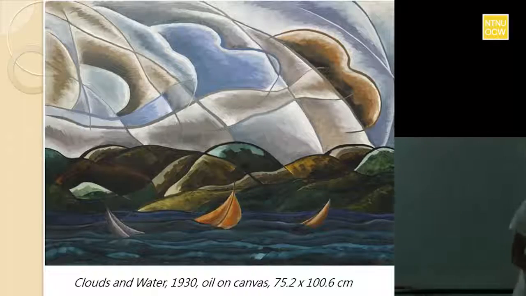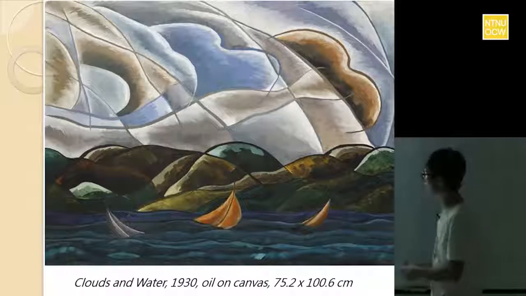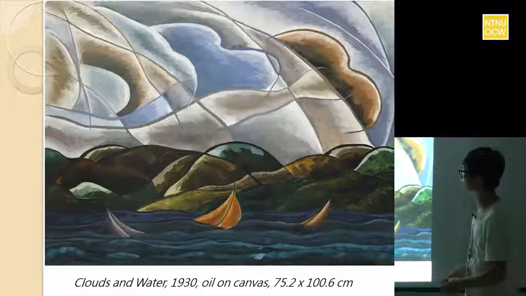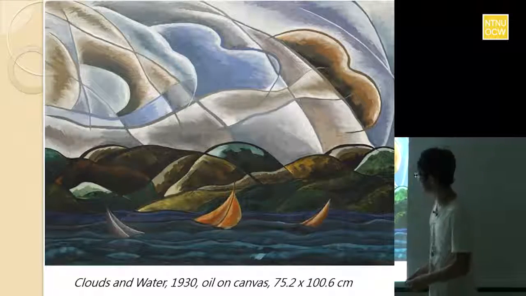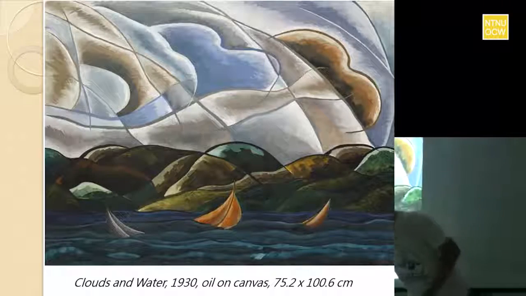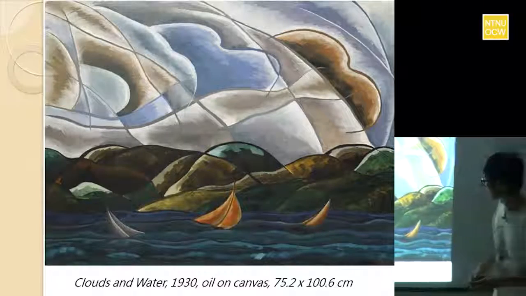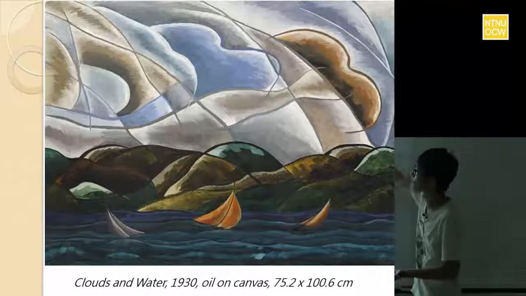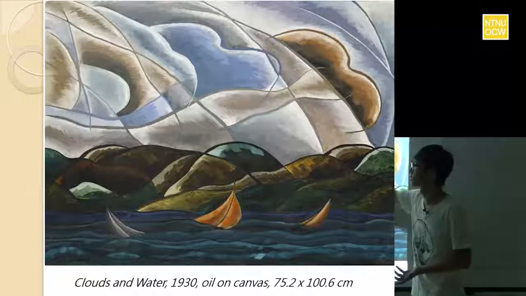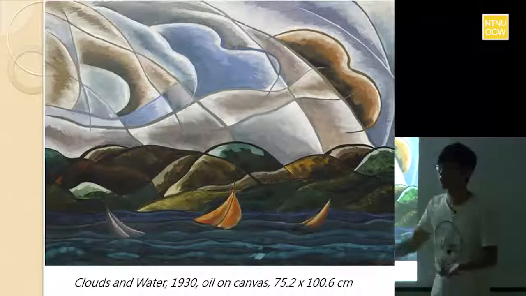And this one is the next I want to introduce, also by the same guy. Wow, interesting. The name means clouds and water. It is also very special in expressing the cloud. And next.